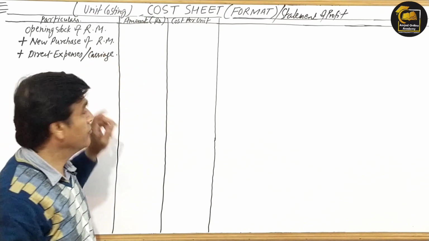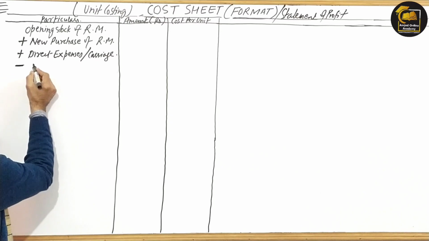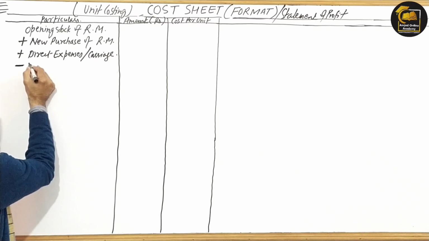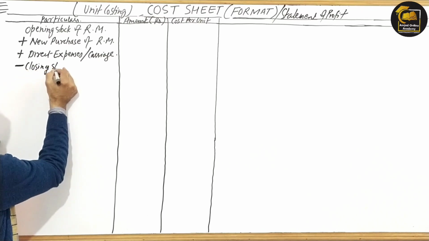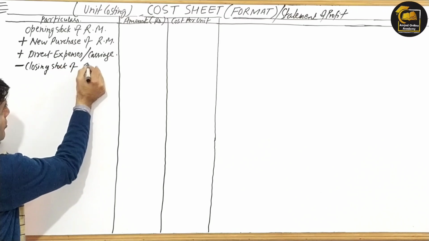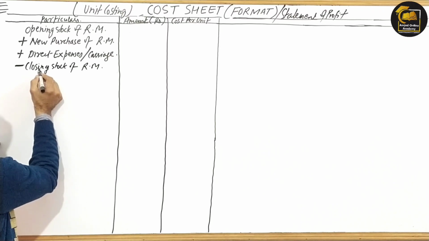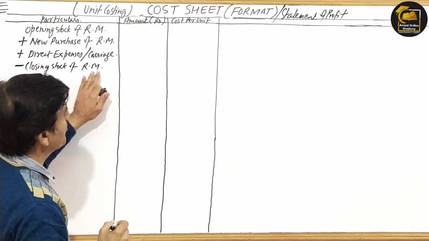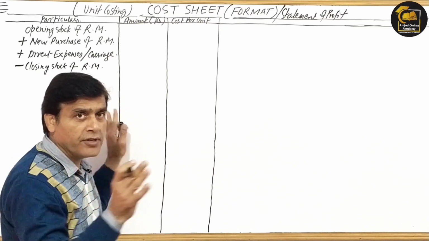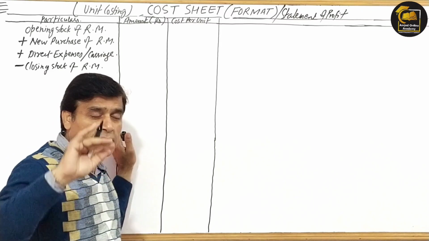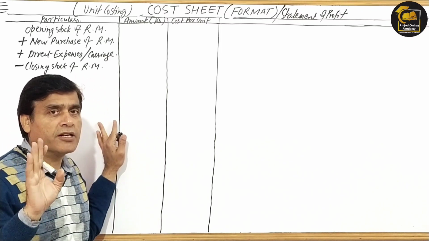Right. Then minus. This is the minus sign, and minus sign means closing stock of raw material. It is closing stock of raw material. So at the end of the year, if stock is left, then you have to deduct it, and you have to keep this in your mind. Generally, I am not talking about exceptional conditions.